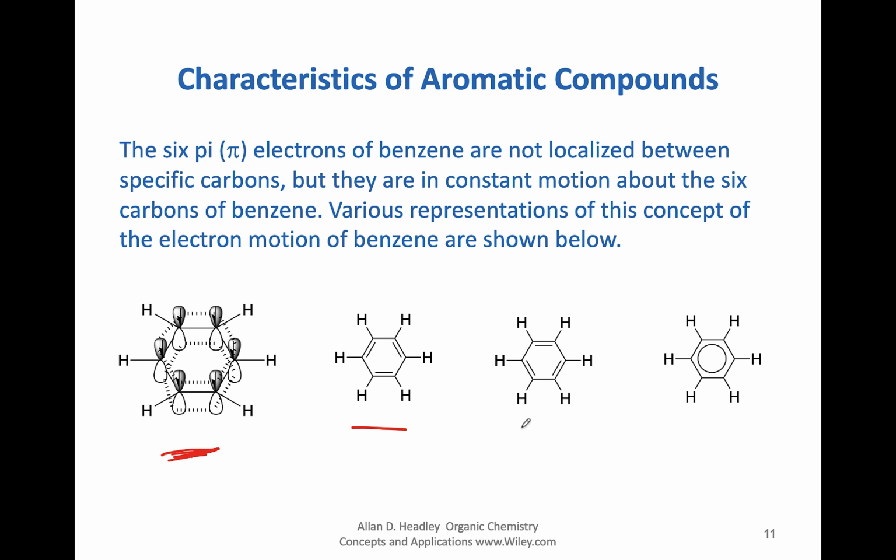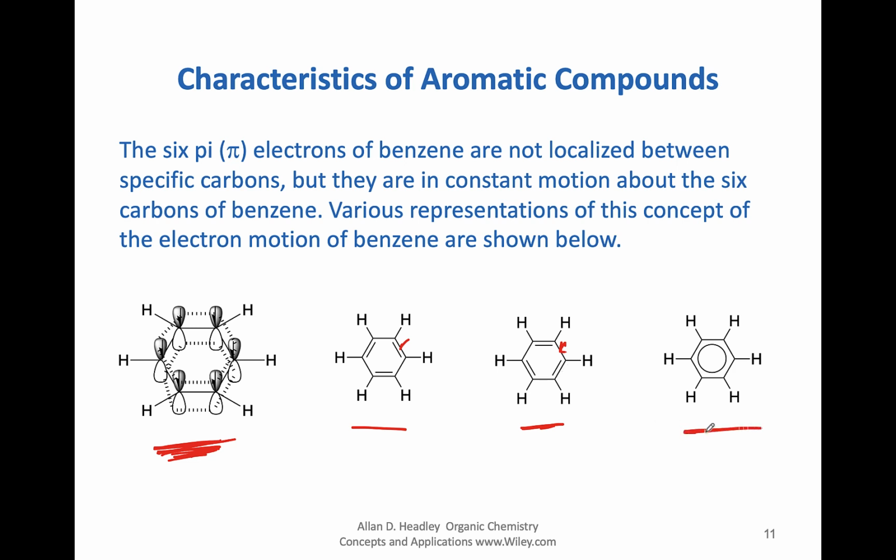You can also draw this. Notice, because this is a double bond here, and here it's a single bond. Over the years, even though it's not a very good description of this molecule, it's been accepted as the structure of benzene.